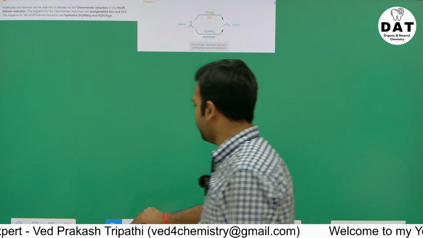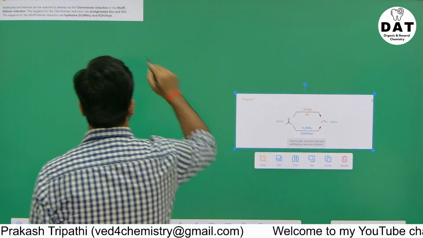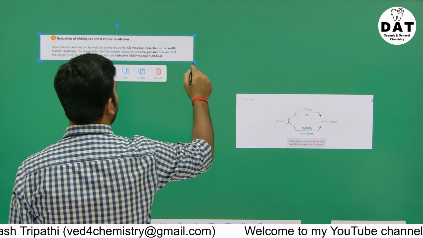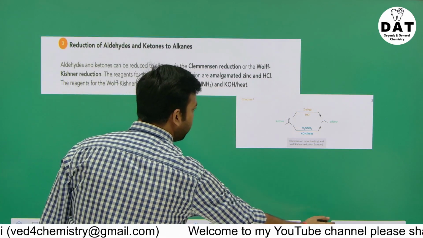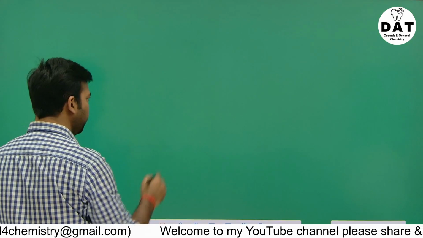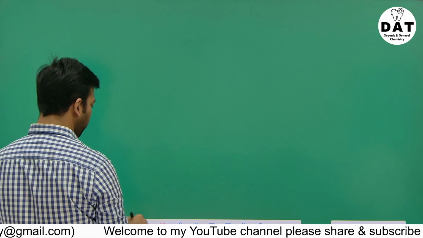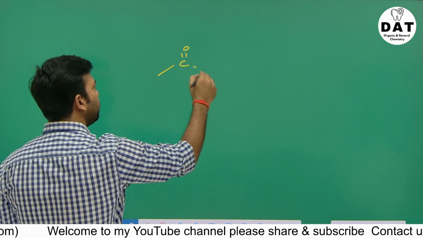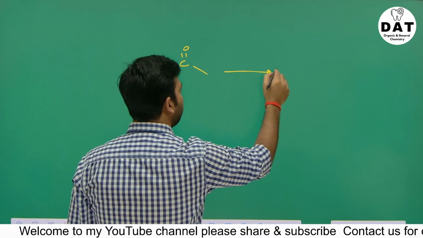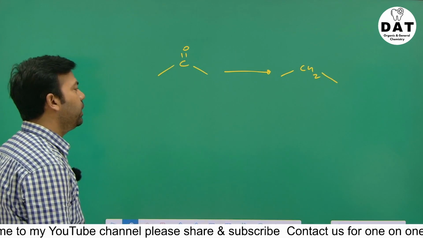Now this one is a very important one. I am going to write here. Look at here. There is a reaction called Clemmensen reduction. If we have a C=O bond, we can convert it into CH2, and we can use two reagents.